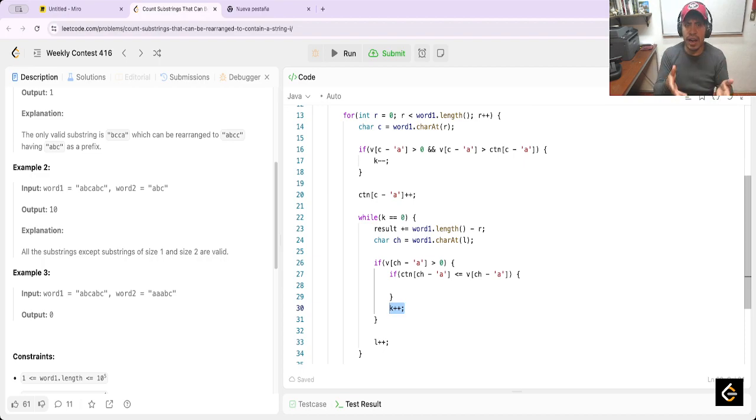And if I am removing one letter, V is related to C. In this case it is the counter for this letter.